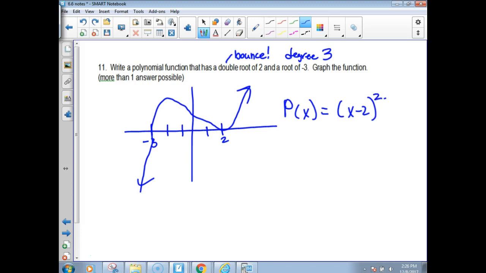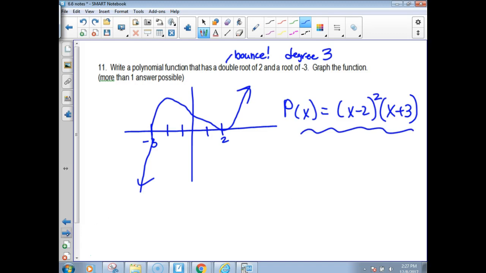And the other one would be a root of negative 3, so that would give me an x factor of x plus 3. Now, technically, we should multiply this all out and make a lovely polynomial. But I'm saying let's just leave it factored for now, unless it tells you to multiply it out.